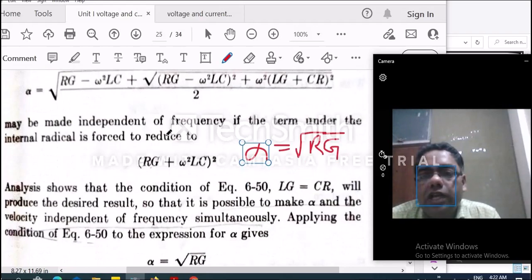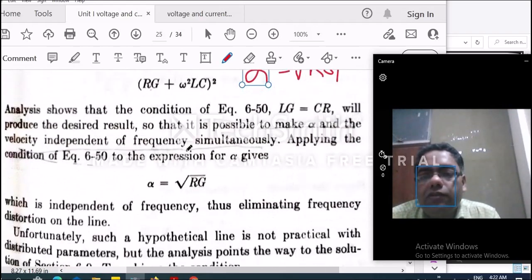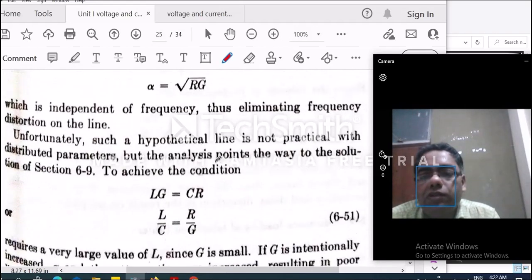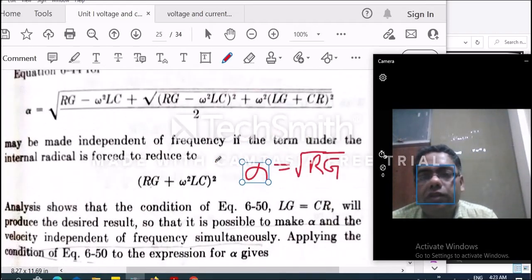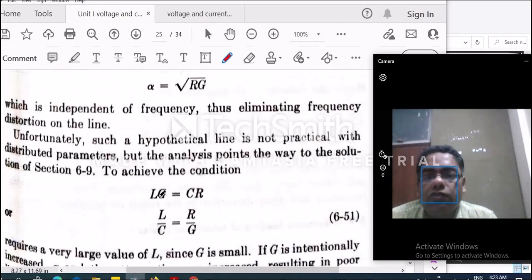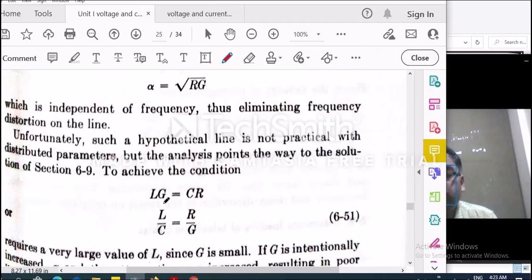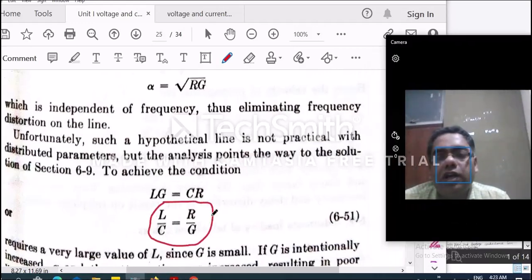So if we solve this condition, making the term inside the second root equal to this root of Rg, it comes out to be the same condition that we got for phase distortion. For frequency distortion also, if we proceed in the same way, we get the same expression, which indicates that the condition will be the same.